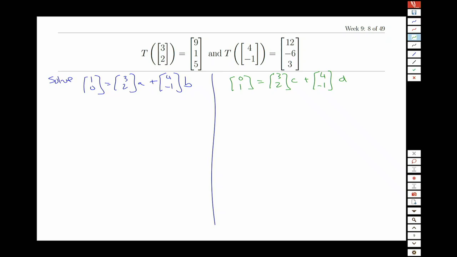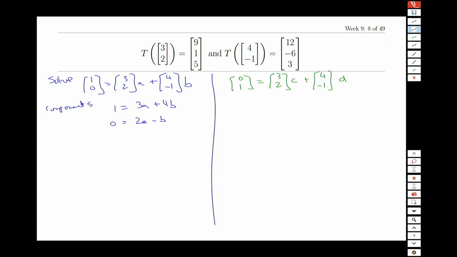So we get, shockingly, solving systems of linear equations appearing as a key step in our process here. So what do we get? If we look at the components, we could do this in matrix form, but it's just 2 by 2, so let's just jump to it. Components, we have 1 equals 3a plus 4b, 0 equals 2a minus b.